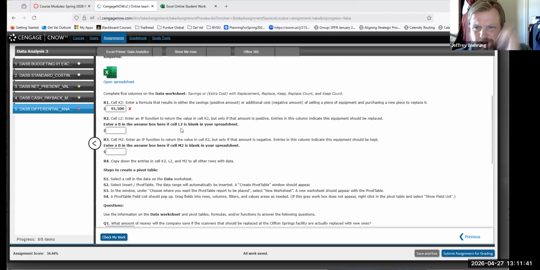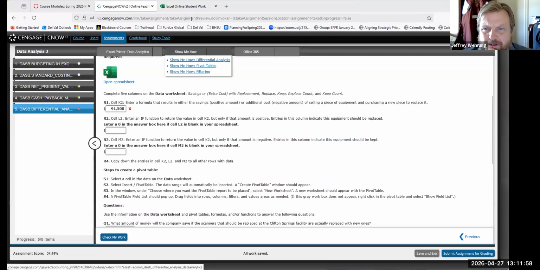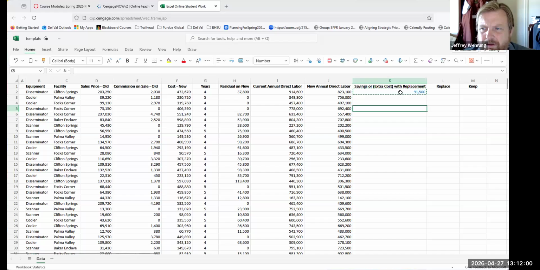That's not what they're looking for. So it's not looking at annual savings, maybe? Okay, so I was looking at the annual savings. They must be looking at something different. So let's think about this. It could be the total savings that they're looking for.